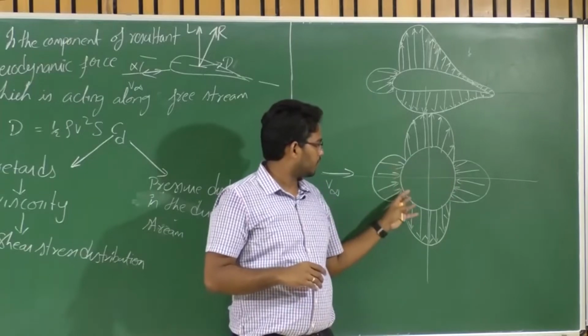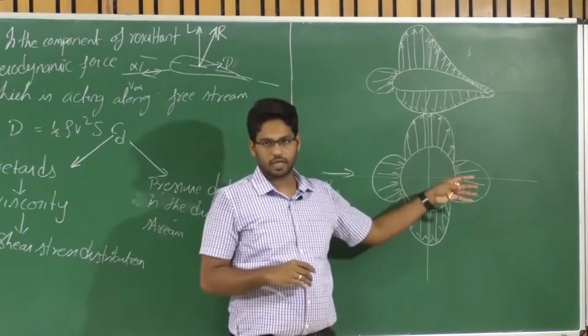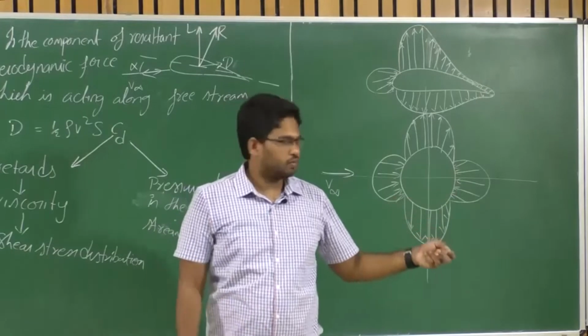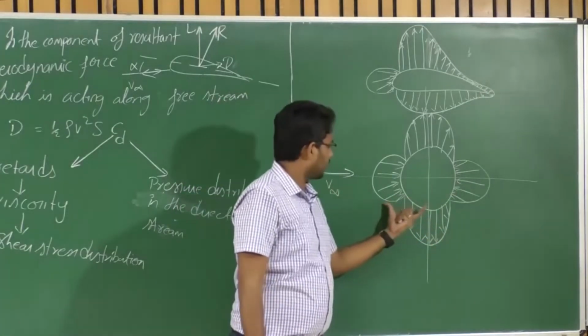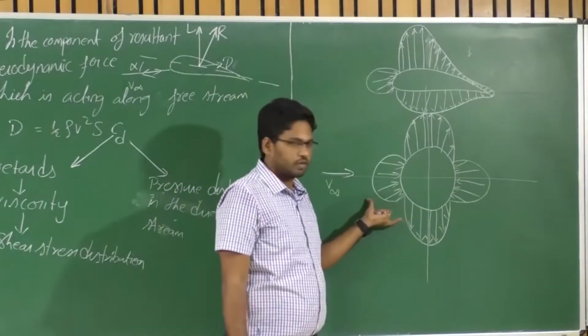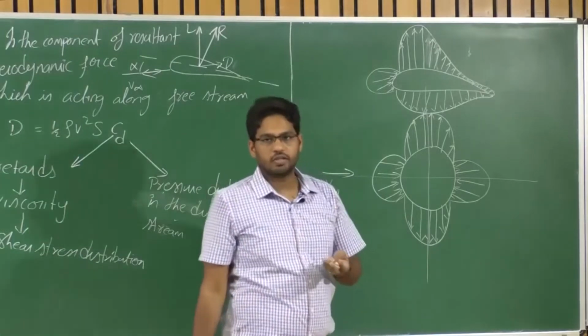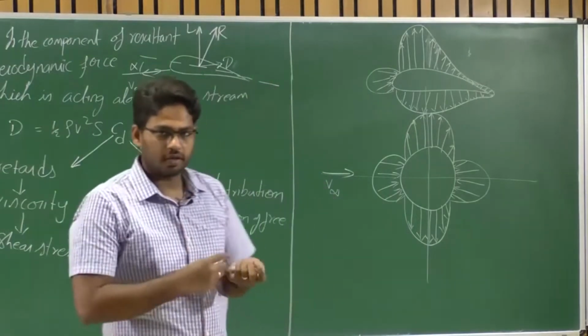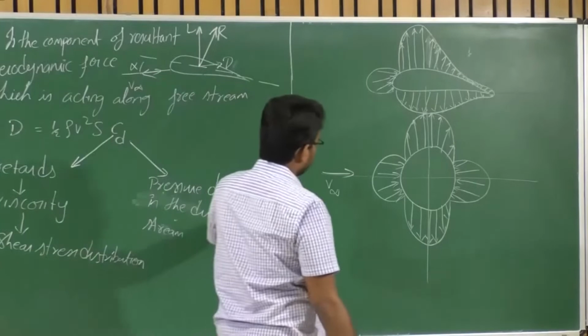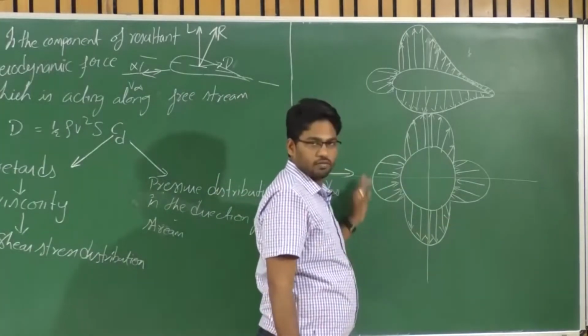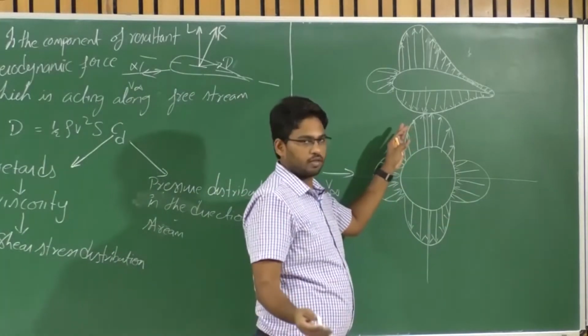This body experiences certain drag, isn't it? Though it is in flow, there is no drag and no lift. Such a condition is known as D'Alembert's paradox, right? That corresponds to ideal fluid theory.